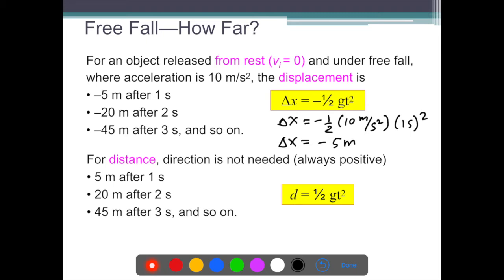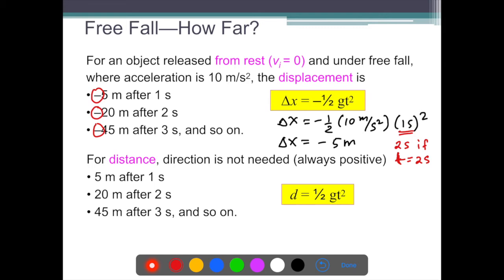If you work out the displacement after 2 seconds, then you just replace the time with 2 seconds, and you'll get negative 20 meters after 2 seconds. So note again here the signs. You have negative signs here, which means the displacement is downwards relative to the starting point.